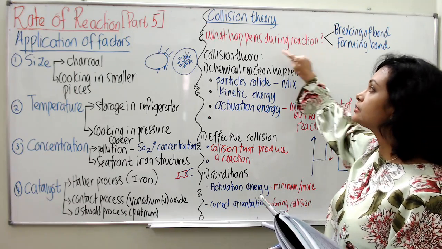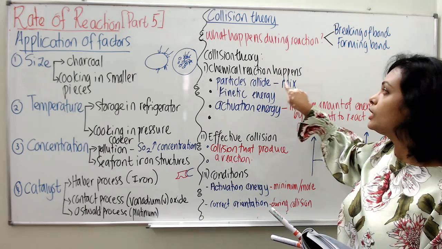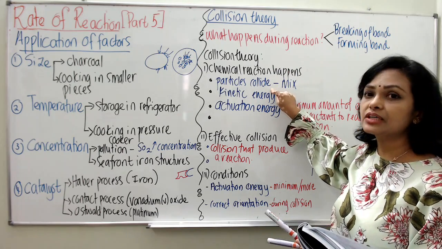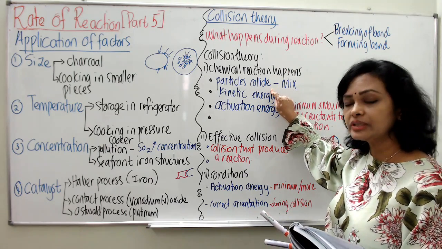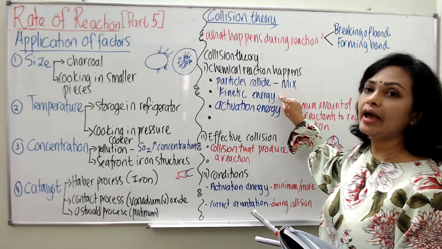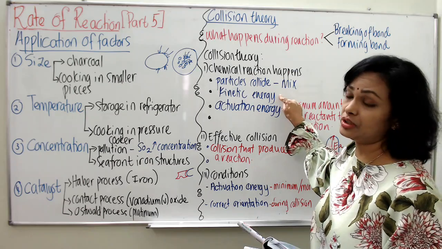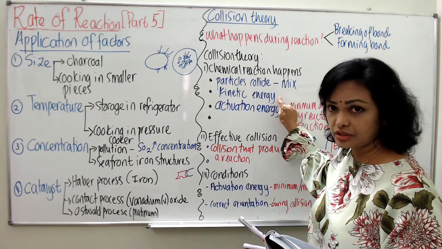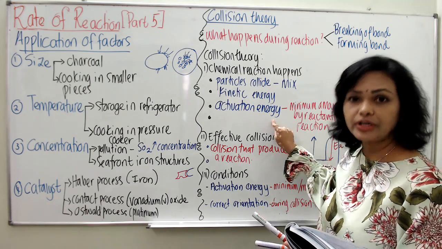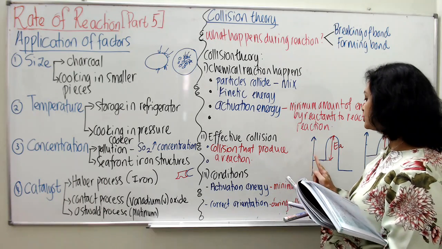Second, collision theory talks about particles that must collide. That's why we need to mix the reactants. They will have kinetic energy because the moment something is moving, they have kinetic energy already. So they have kinetic energy and they must have activation energy.